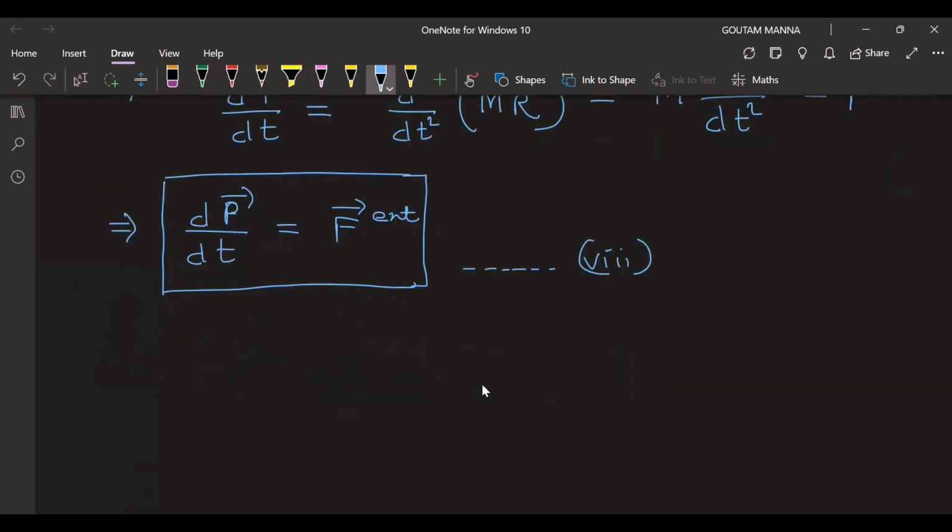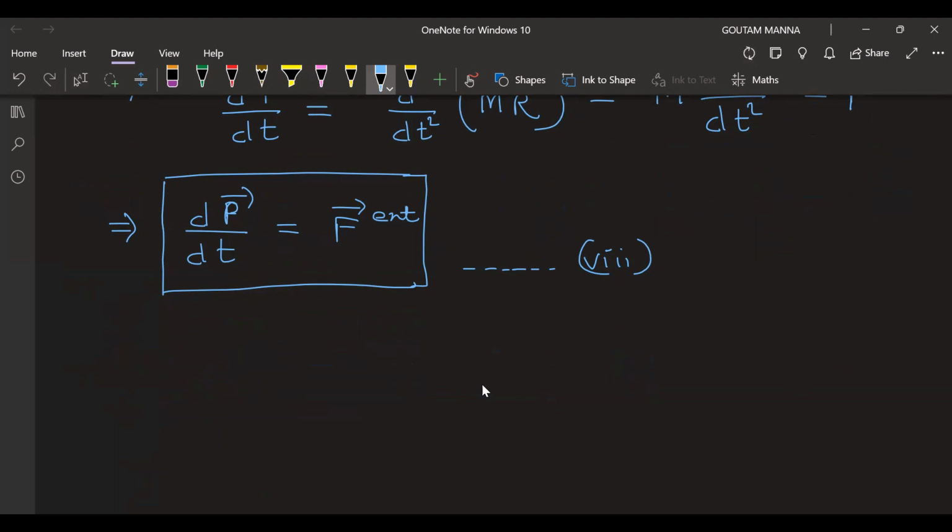Then we can have a conservation principle here also. In the single particle system we had the equation dp/dt equal to F, where p is the momentum of the single particle, and from there we got the conservation principle of linear momentum.